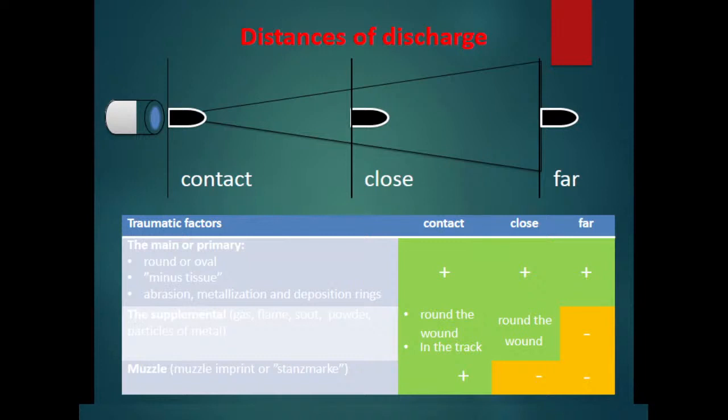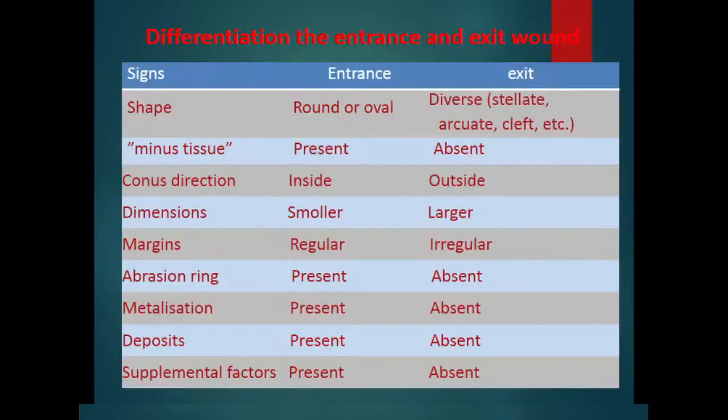That's why a close range shot is always accompanied by distribution of additional factors like soot, gunpowder grains, and particles of metal around the wound. In case of a contact shot, they were mostly found within the wound canal. In a close range shot, they are found around the entrance wound. And in case of a far range shot, there is no effect of the supplemental factors on the target. Just the bullet or pellets affect the body.